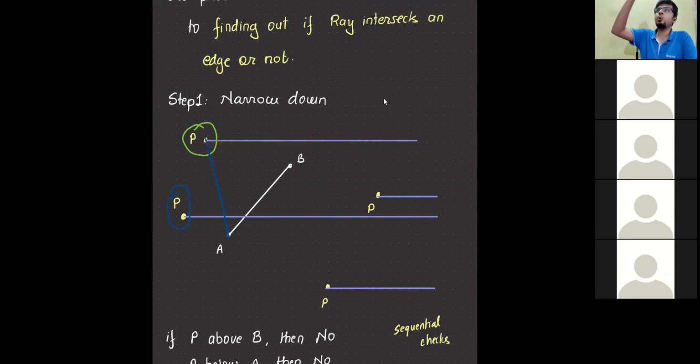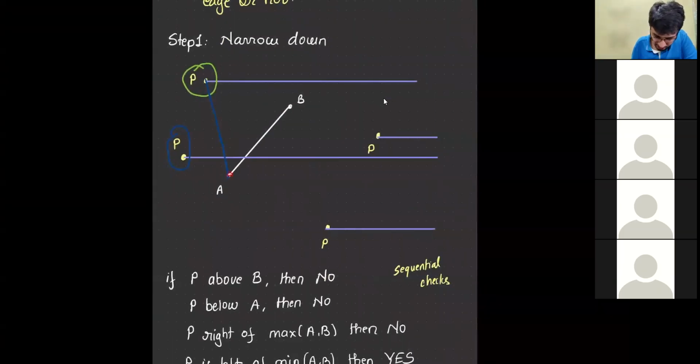Correct? If it goes anywhere above B, my ray would never ever intersect my edge. Correct? Then below A. If the y coordinate of P is less than the y coordinate of A, then it would never intersect. So this went from here, this went from here. Correct?